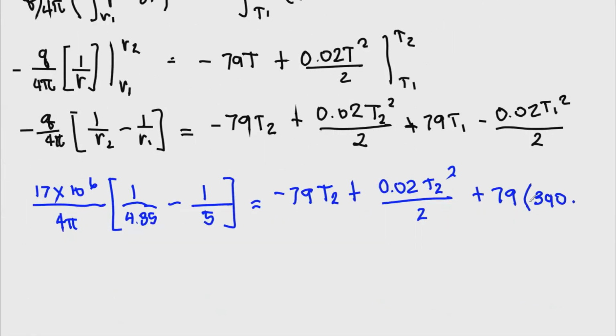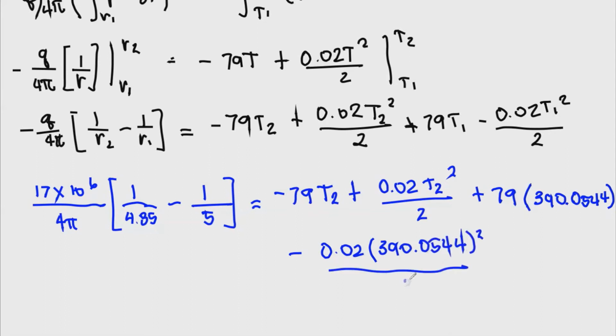390.0544. I'll just rewrite it para kita nyo. Okay? And then, we continue minus 0.02 and then 390.0544 squared over 2.